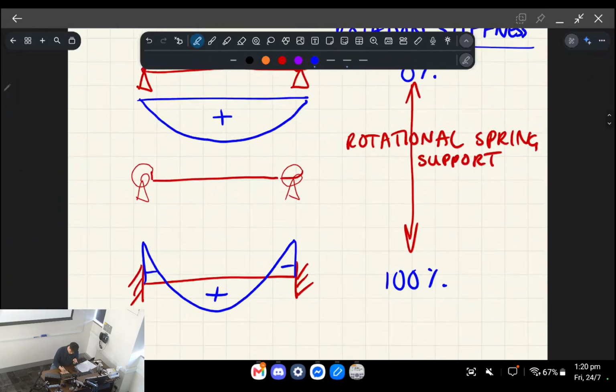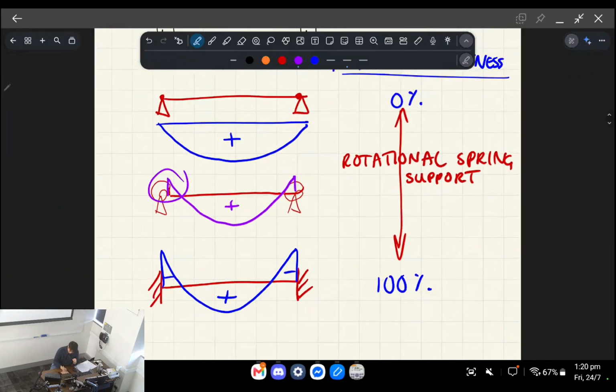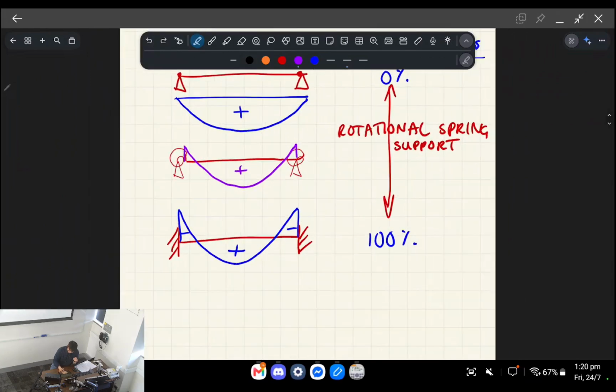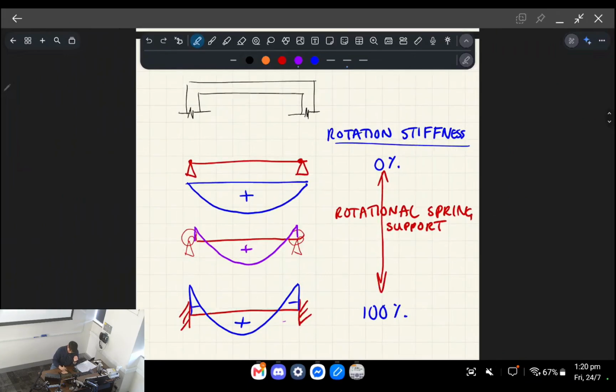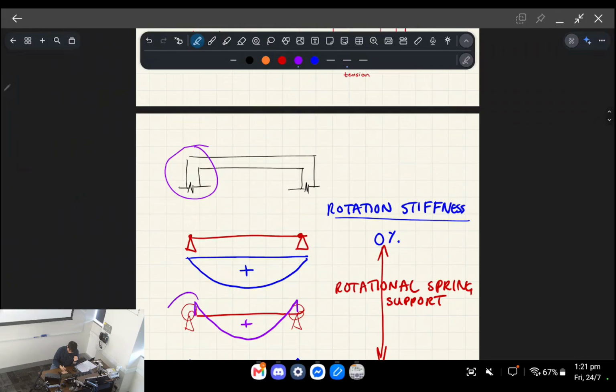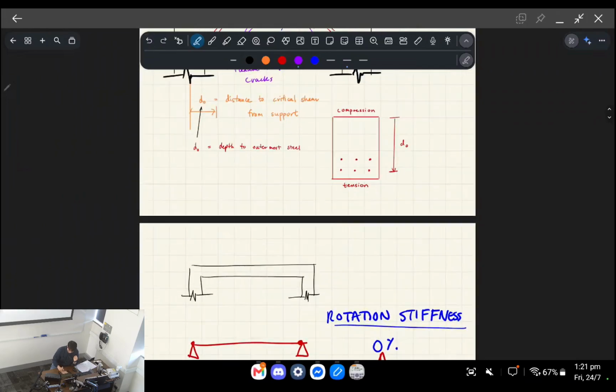And honestly, you don't need to know that much, except that it will be somewhere in between these two things in reality. So I guess you have to consider some negative moment, maybe not as much as if this was fully rotationally stiff. But anyway, that's what I'm trying to tell you. This connection detail will have some kind of negative moment, all right?